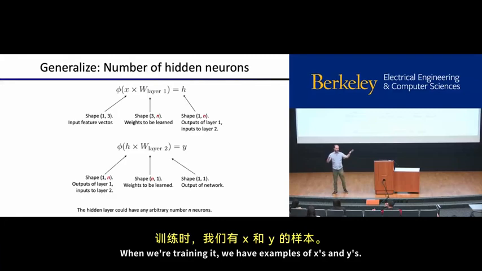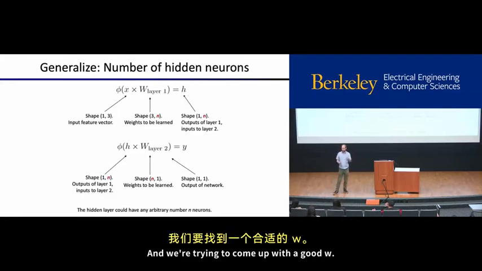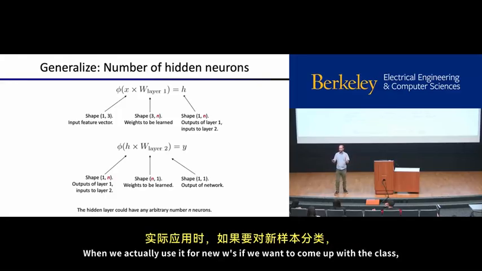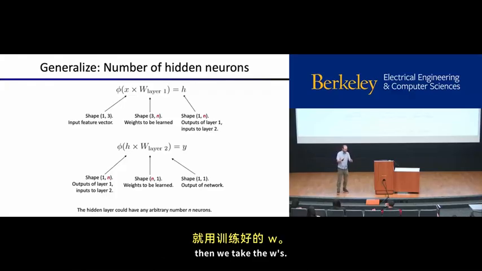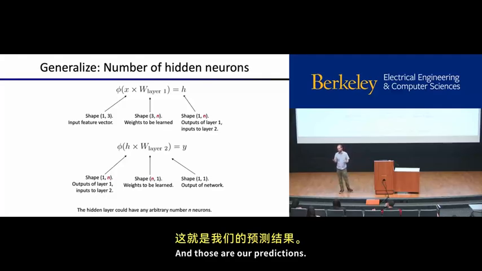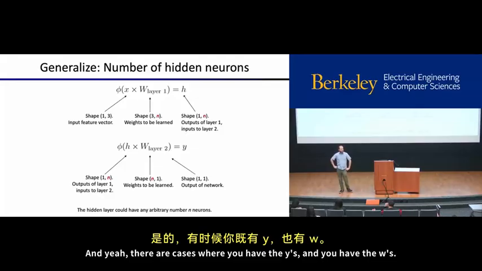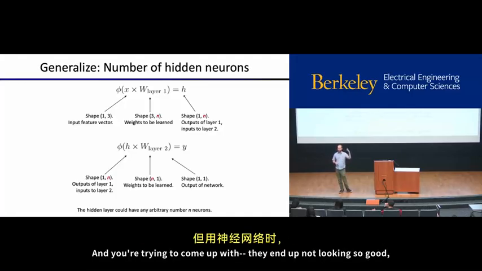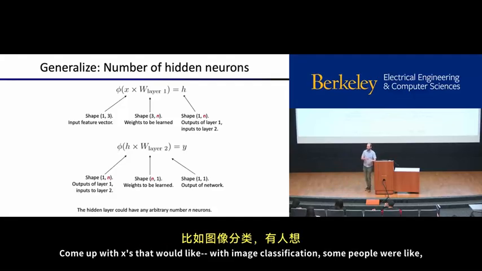When we're training it, we have examples of x's and y's, and we're trying to come up with a good w. When we actually use it for new x's, we take the w's, we take the x's, we feed them through, we come up with new y's, and those are our predictions. There are cases where you have the y's and the w's and you're trying to come up with x's, but they end up not looking so good, at least with neural networks.